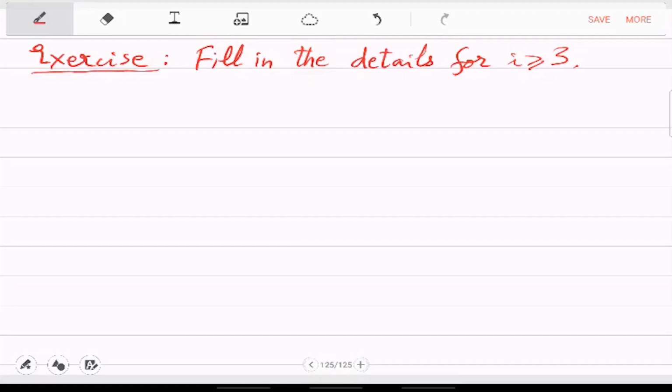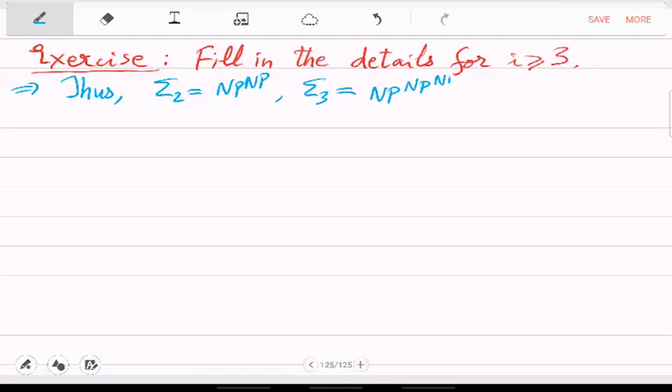Okay, so what we have shown is that sigma 2 is NP to the NP, sigma 3 is NP to the NP to the NP, and then it becomes hard to write this, just a tower of NPs.